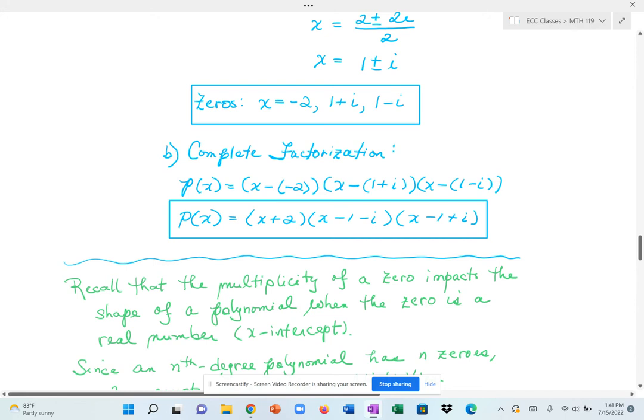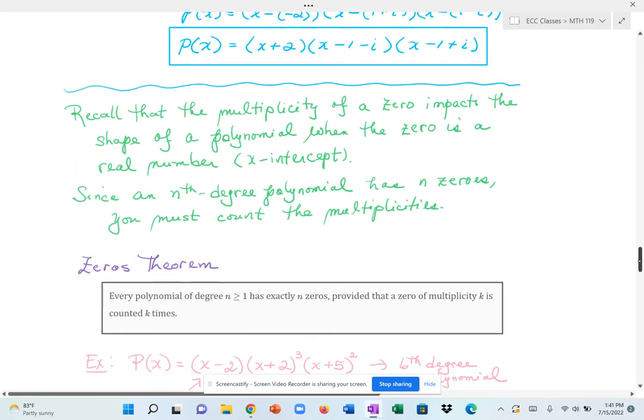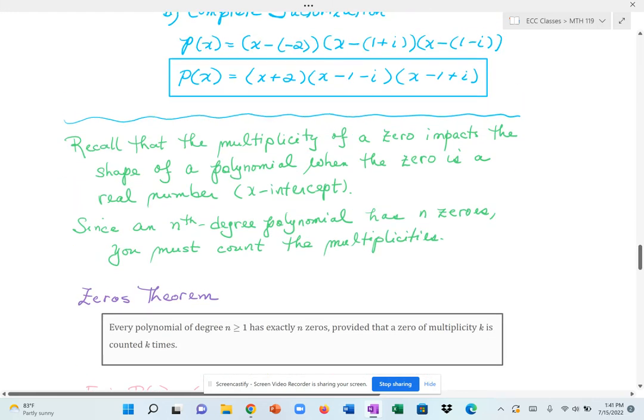Okay, so multiplicity plays a role here. And again, we talked about multiplicities in a previous lesson. So recall that the multiplicity of a zero impacts the shape of a polynomial when the zero is a real number. As long as it's a real number, then whether that factor comes up an odd number of times or an even number of times impacts what the shape of the graph looks like.